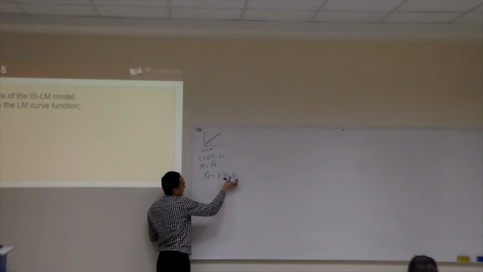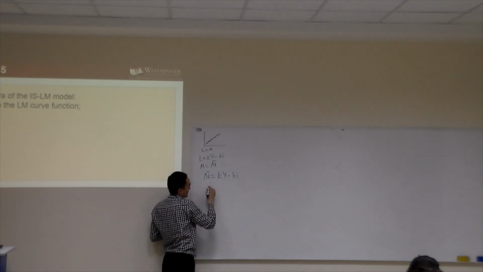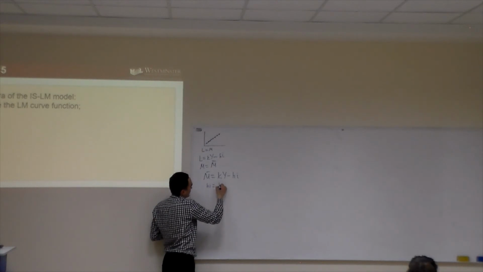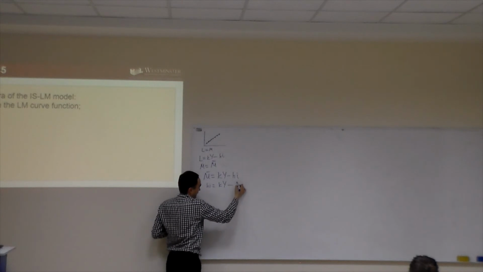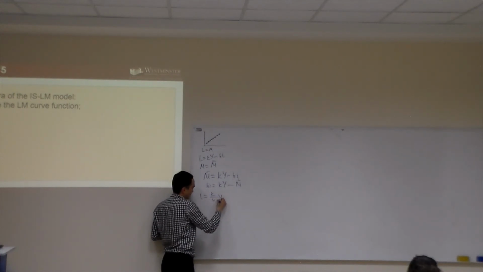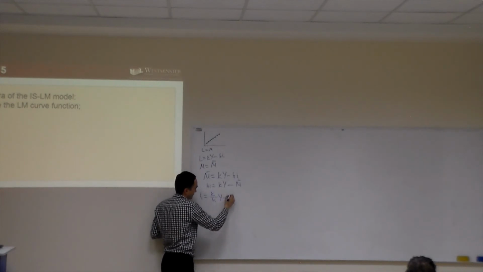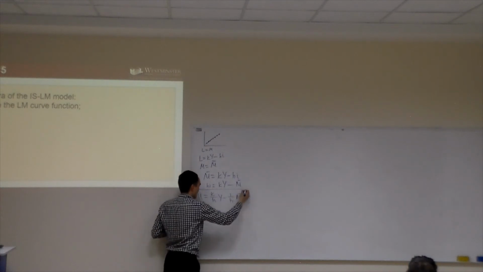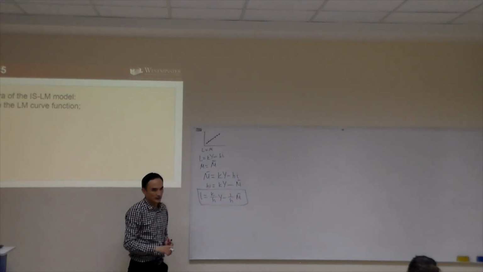If I take the interest rate on the left side and money demand on the right side, so now hi is equal to kY, output, minus money supply. If I divide both sides by h, it is going to give us the LM curve, right? i equals k over h times output minus 1 over h times money supply. So this is the LM curve function.